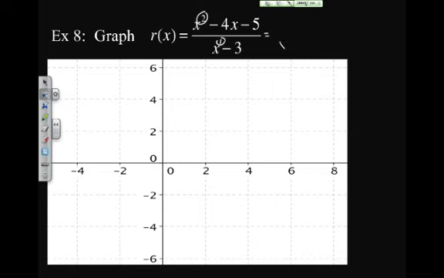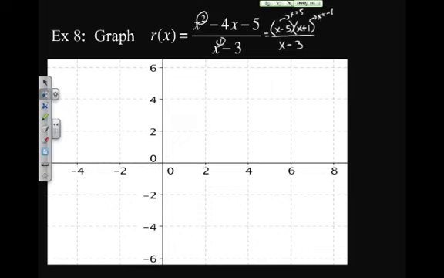On the bottom we have x minus 3, that doesn't factor. On the top we have x minus 5 times x plus 1. Different signs, and they have to add up to be negative 4. So after we've factored, we want to find our intercepts. So to find our x-intercepts, from here we get x equals 5, and here we get x equals negative 1.